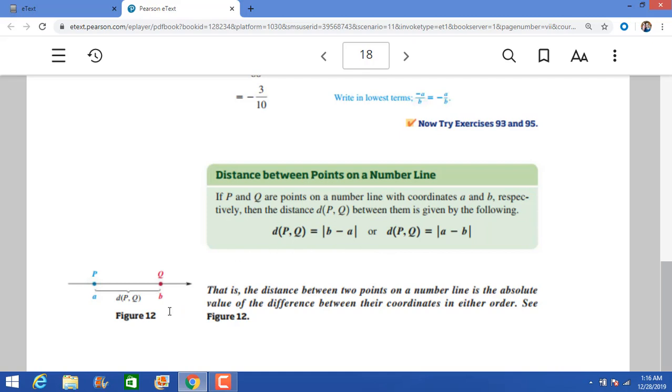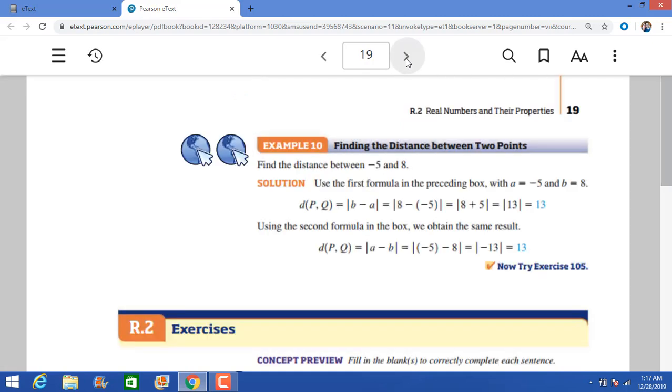If you take the absolute value, then you don't have to worry about the order. If they're on the number line, obviously you're going to take the bigger number minus the smaller number. But with absolute values, it doesn't matter, because we're talking about distance, and distance is always positive.